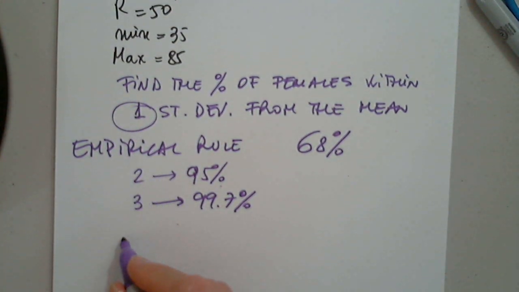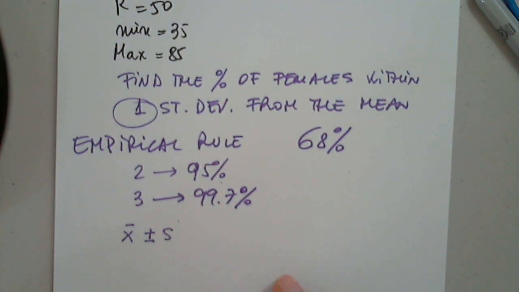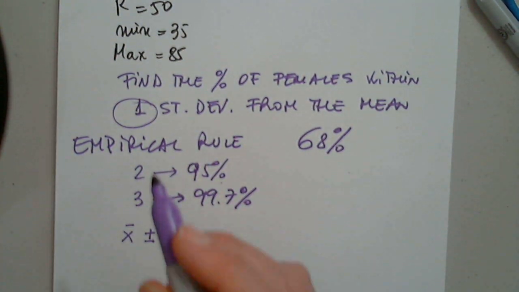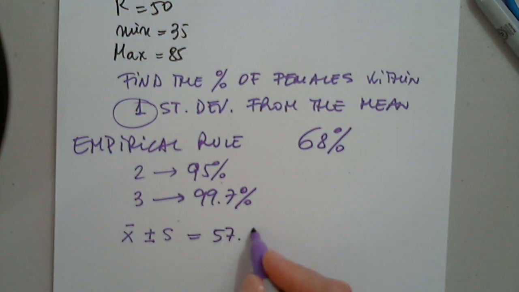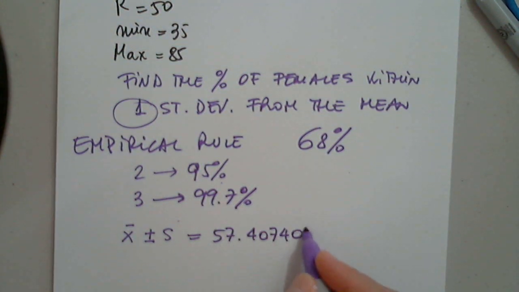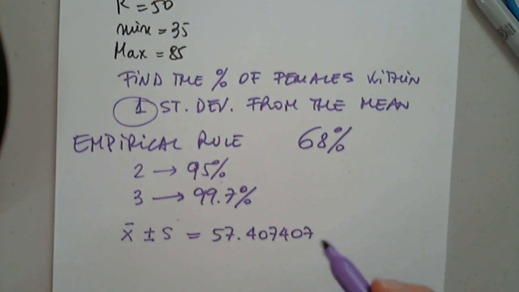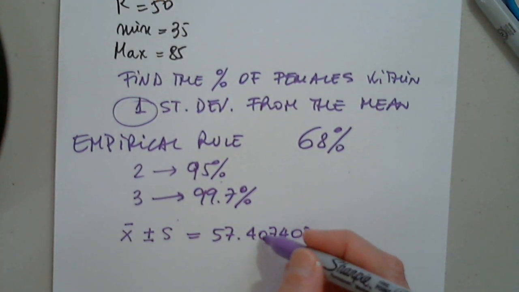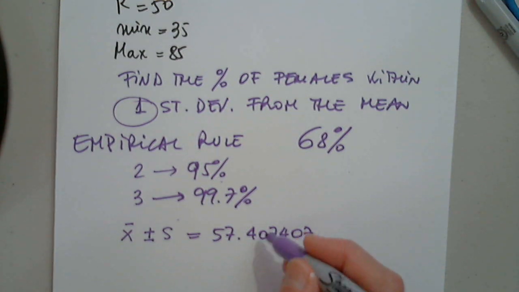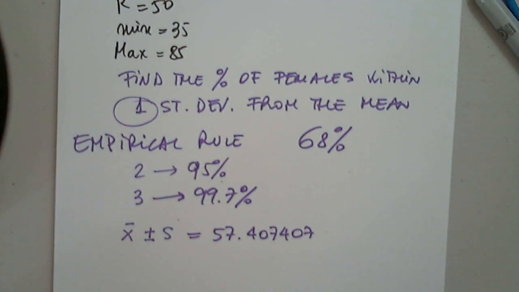So I have to write x bar plus or minus 1, but we don't write the 1. If it's 2 or 3, we have to write it. So this will be x bar, 57.407407. Why so many digits? I just copied the whole number. We can go with just an approximation using 2 decimal digits, and I will write 57.41.